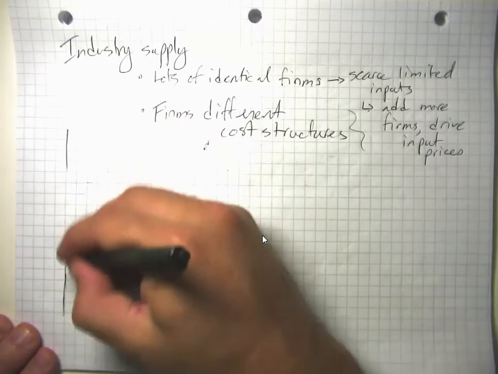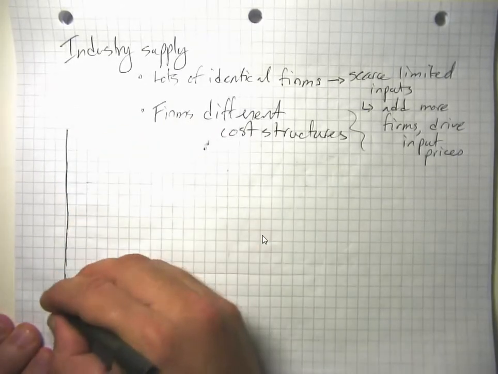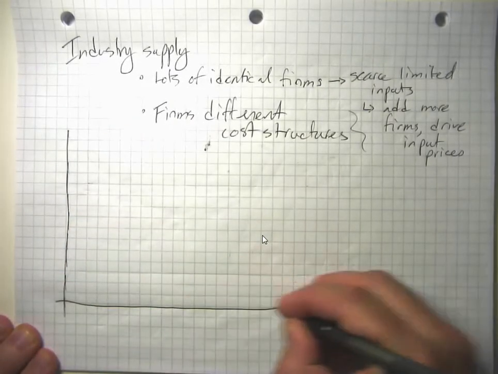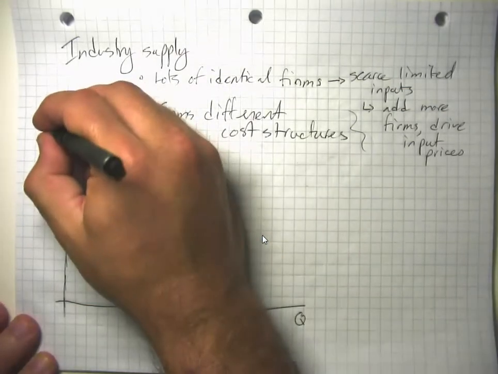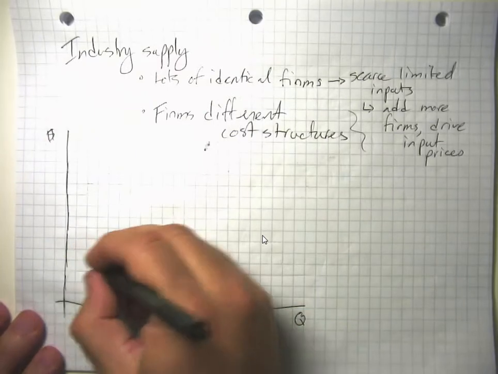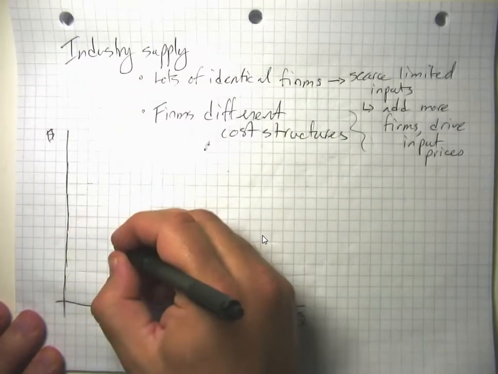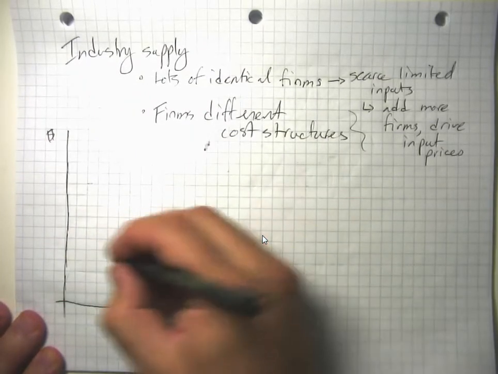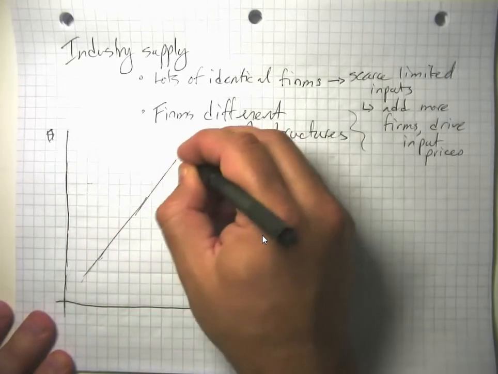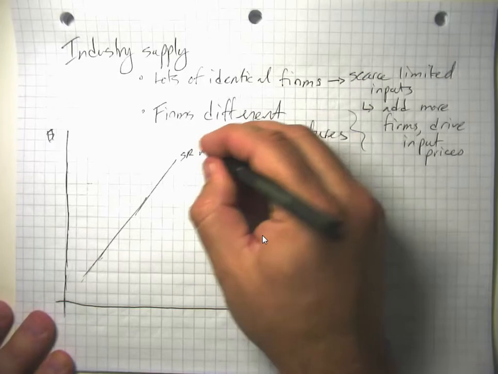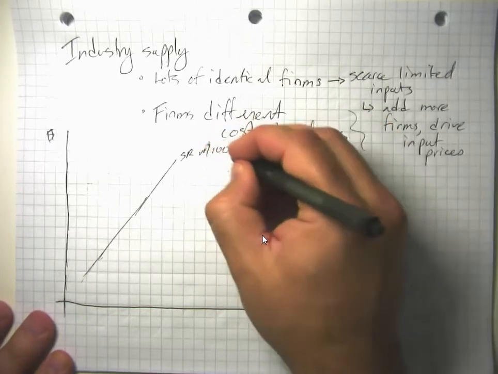The relatively easy case is, again, the firms themselves are identical, and what's going to happen here is that as we expand the number of firms, we're increasing their input price. So we could have, say, a short-run supply curve here with 100 firms.